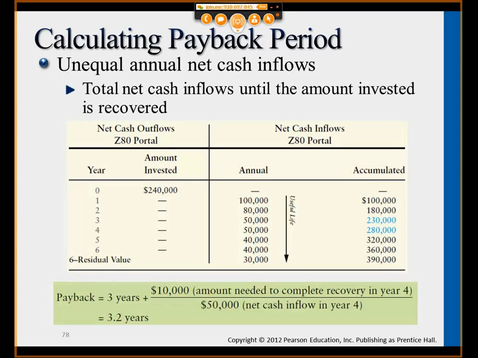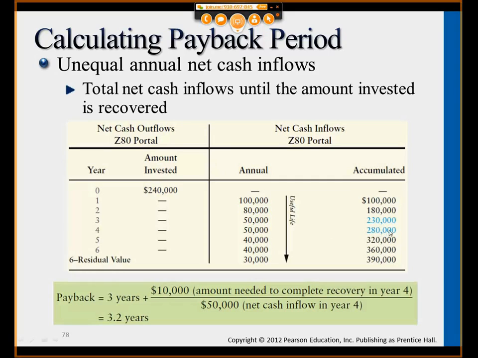Initially, they invested 240. I forgot to tell you this. Initially, they invested 240,000. So at year 3, we have $230,000 accumulated. Okay? So it's going to take us 3 years and just a little more.